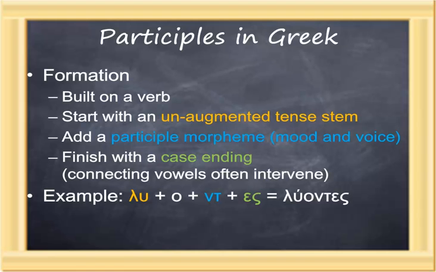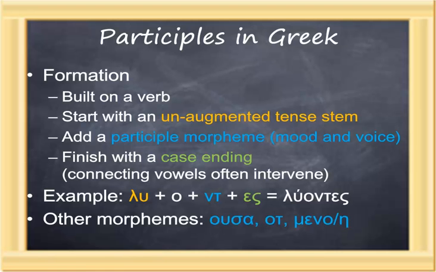And connecting vowels will sometimes show up on either side of the participle morpheme, as you will see in examples. The other morphemes that we will note as we're working with participles are usa, which actually is a modified form of nu tau, omicron tau, used with the perfect active, and mena or mene, which are used with passive forms.